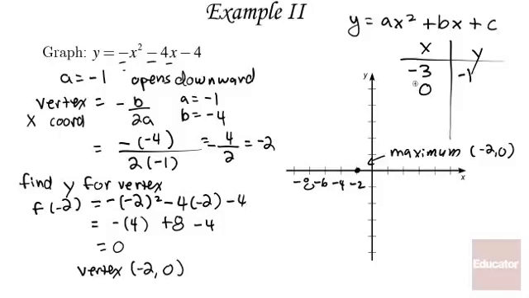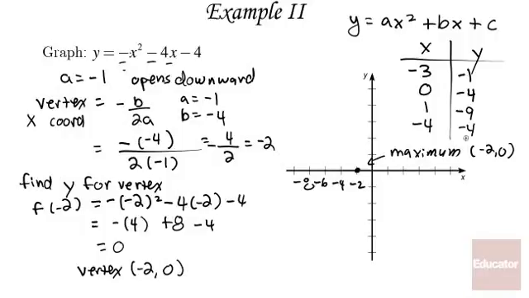When x is 0, this becomes 0, this becomes 0, y is negative 4. When x is 1, then I'm going to get negative 1 minus 4 minus 4. It's going to be negative 9. And let's do one more point. When x is negative 4, y is negative 4.